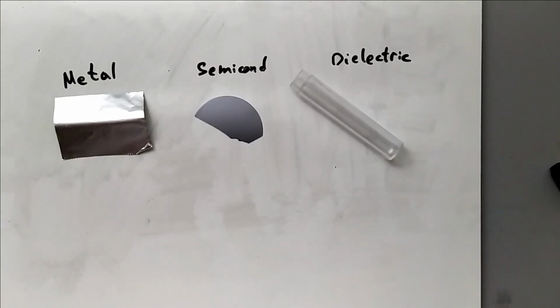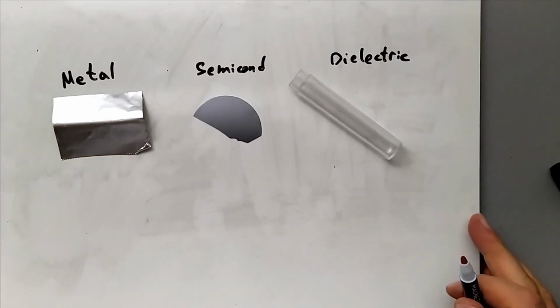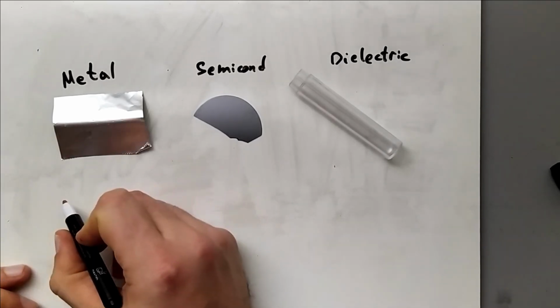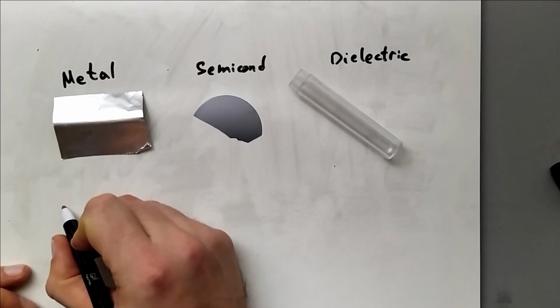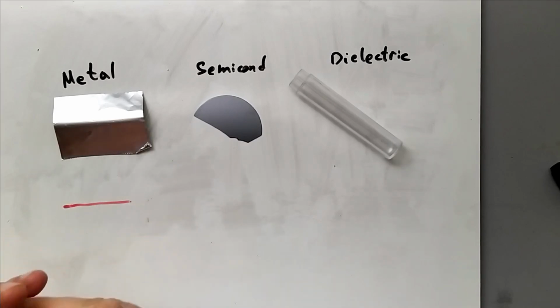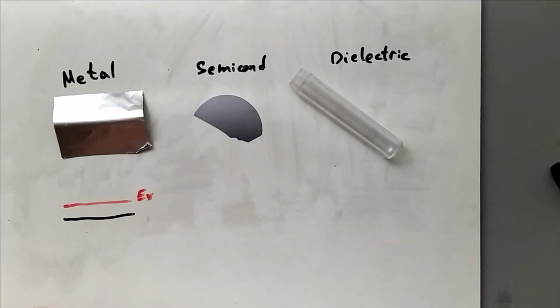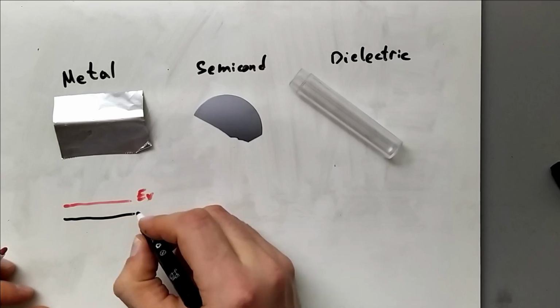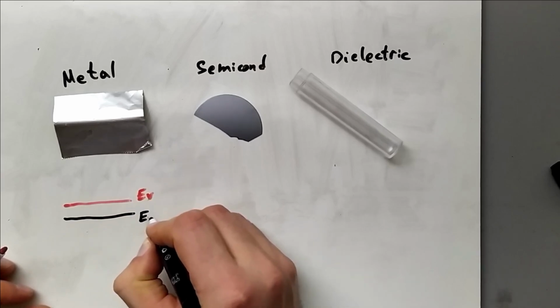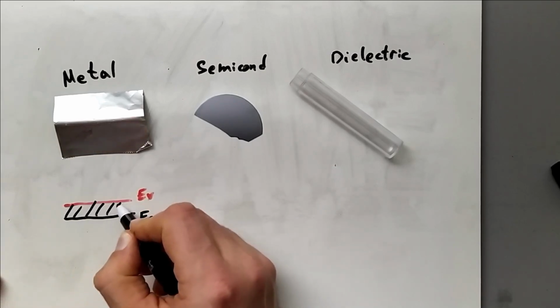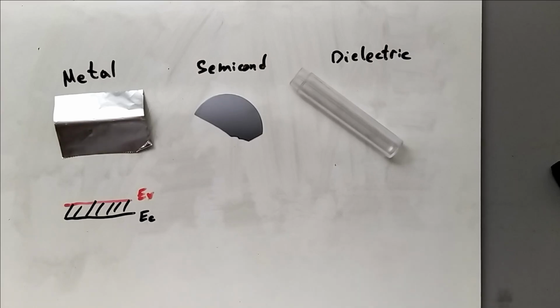Now, what is the key difference between these types of materials which possess very different electrical properties? The thing about metals is that the top of the valence band is higher than or equal to the bottom of the conduction band, meaning that they overlap. And what does it mean in terms of electrical conductivity?